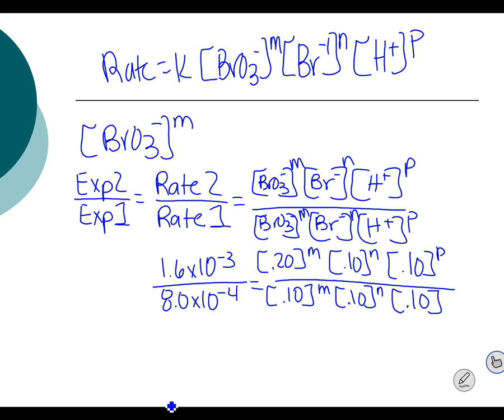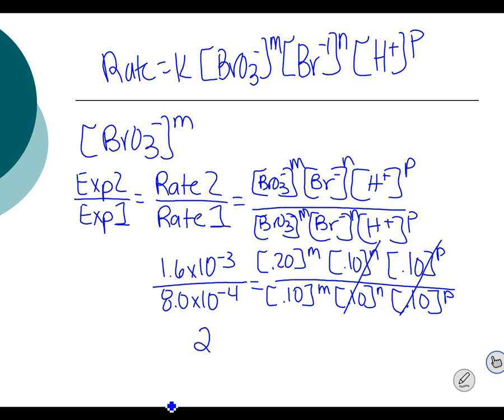Well, what happens is the ones that aren't changing, we can go ahead and just cross those out. They divide themselves out. What we need to do here is just deal with the math that's going on. 1.6 times 10 to the negative third divided by 8 times 10 to the negative fourth. Or when I look at this problem, I see 16 divided by 8, and 16 divided by 8 is 2.